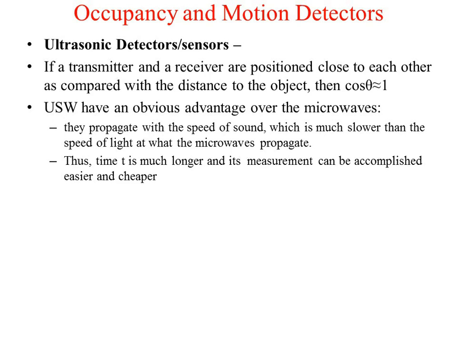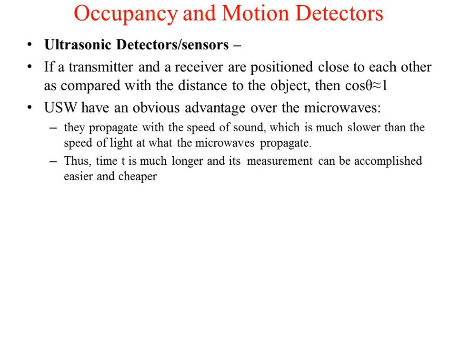USW have an obvious advantage over microwaves. Microwaves propagate at the speed of light, whereas ultrasonic waves propagate at the speed of sound, which is much slower. Thus the time t is much longer, and its measurement can be accomplished more easily and cheaply.